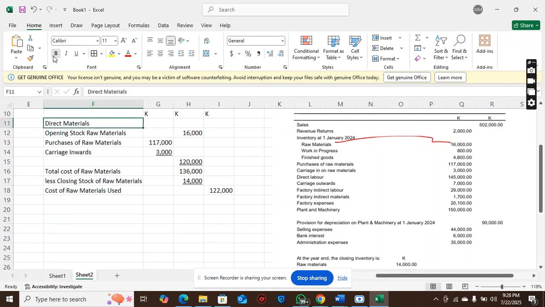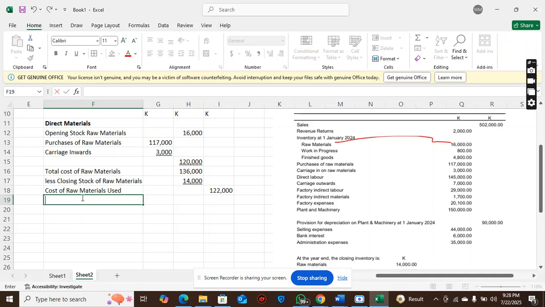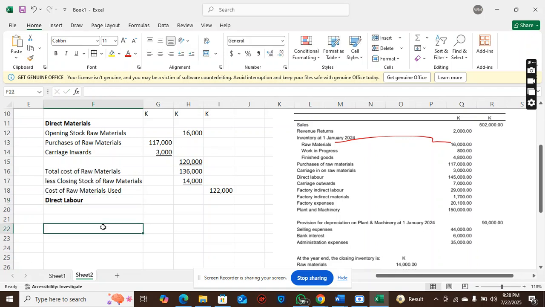Yes, direct labor. The direct materials are what is used in the finished product. The direct labor, these are the workers who assemble the product. So here we have direct labor 145,000.